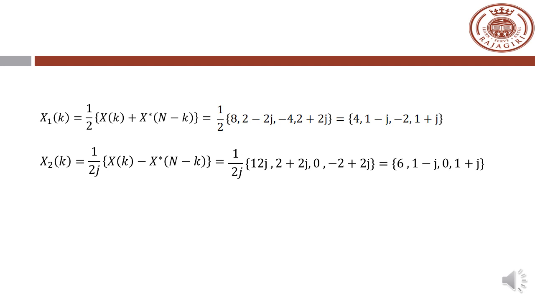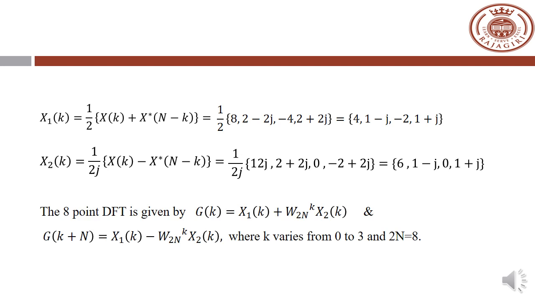Now, from these 4-point DFTs, we are going to calculate the 8-point DFT, which is given by G of k is equal to X1 of k plus W_2N raised to k X2 of k, which gives us the first 4 DFT samples, and G of k plus N is equal to X1 of k minus W_2N raised to k X2 of k, which gives us the remaining 4 DFT samples.